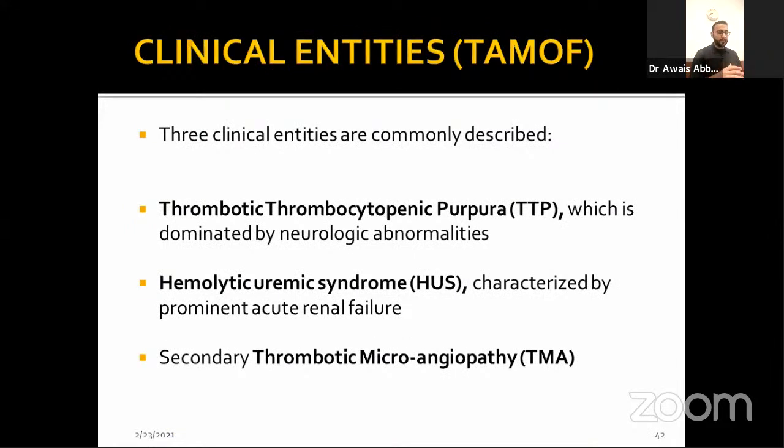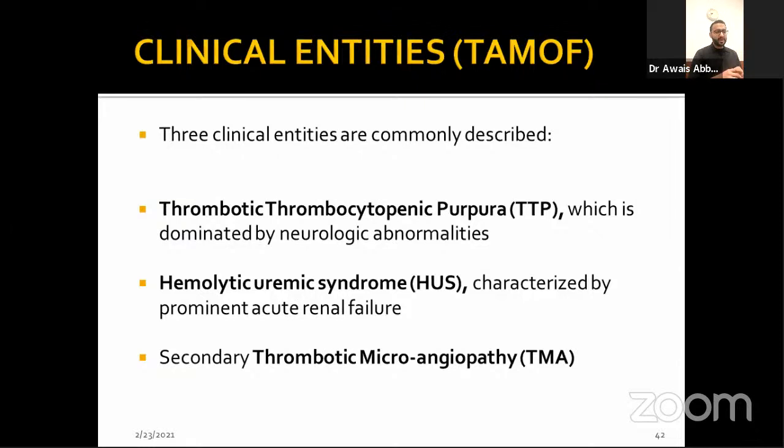Before I describe ADAMTS and von Willebrand factor cleaving protease, basically, TAMOF encompasses three very common clinical scenarios that I'm sure everybody has experience dealing with.